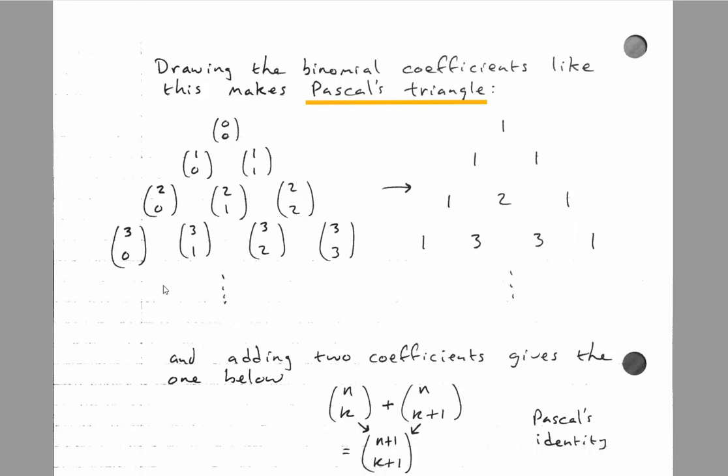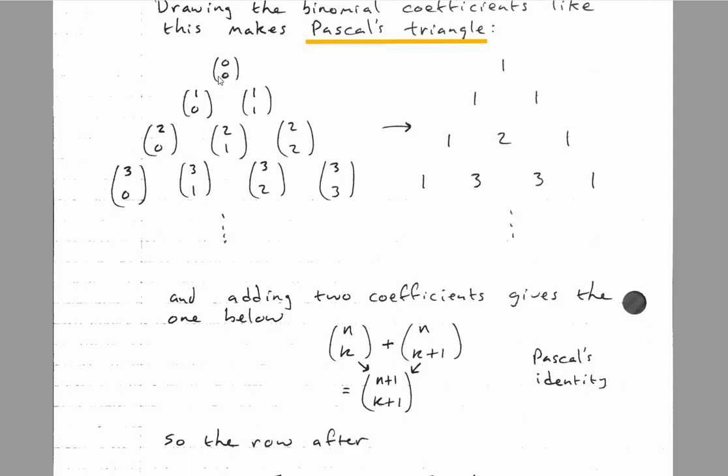So you could keep going, make a bigger and bigger triangle, just using more of these coefficients, but we're stacking them like this, kind of symmetrically. And why is it nice to look at it like this? Well, the way we're stacking them, if you look at the row with n's on top, so n choose k and n choose k plus 1.